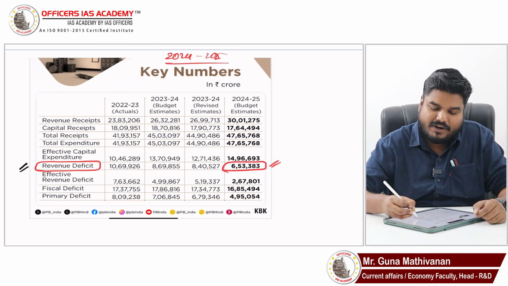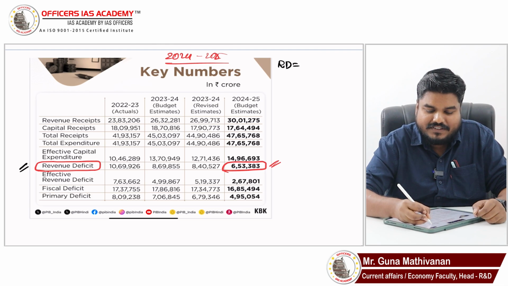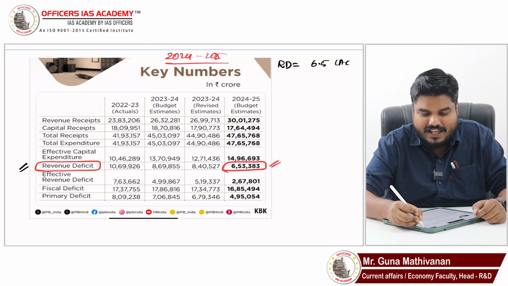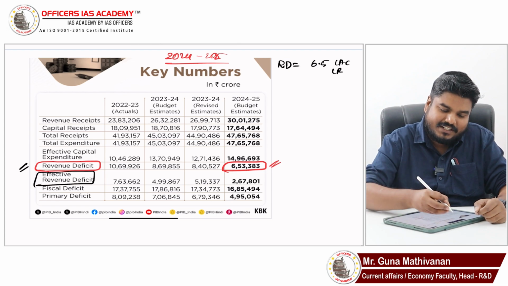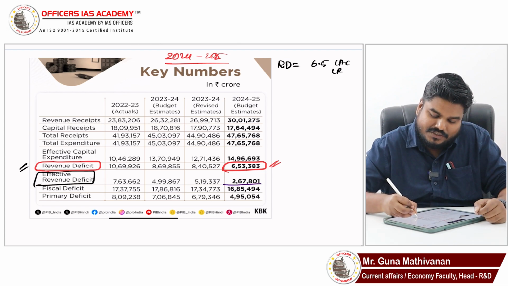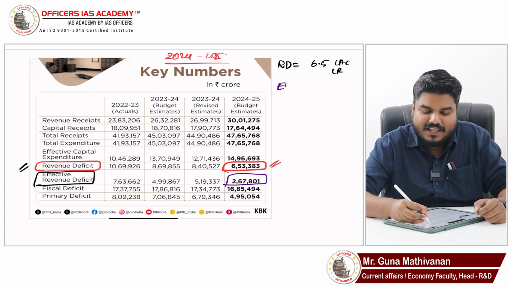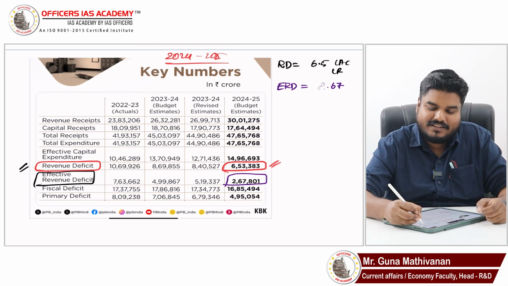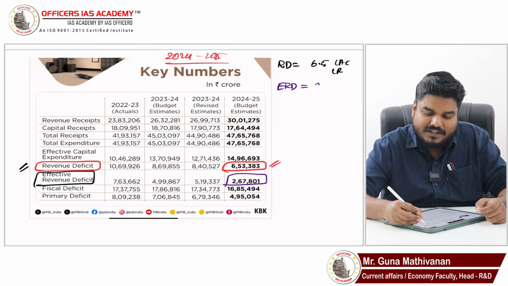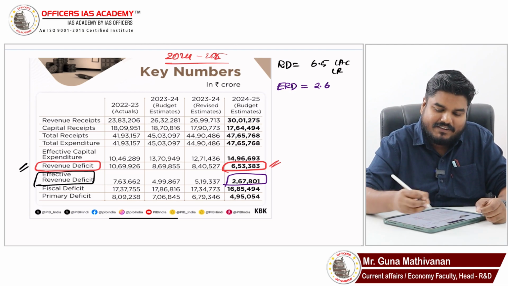Revenue deficit is 6.5 lakh crores. Effective revenue deficit is 2.67 lakh crores. Let's assume like this, let us round it off, let's say 2.7 lakh crores.